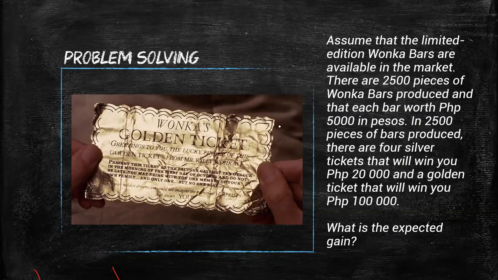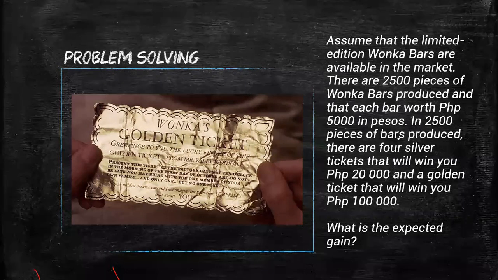So, let's assume that it will happen. Kunwari lang ha. There are 2,500 pieces of Wonka bars produced and that each bar worth 5,000 pesos. Okay, mahal naman. Kasi nga limited edition, right? There are 4 silver tickets that will win you 20,000 pesos and a golden ticket that will win you 100,000 pesos.